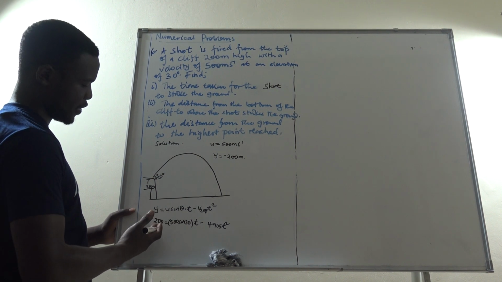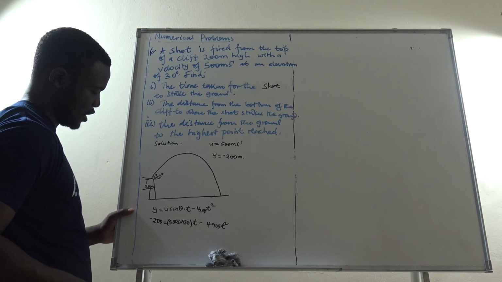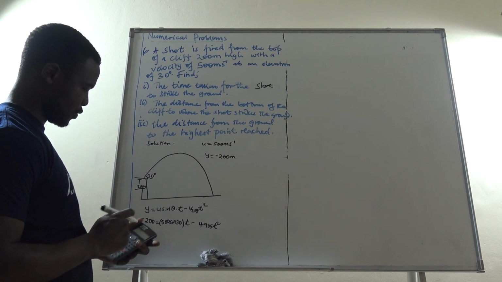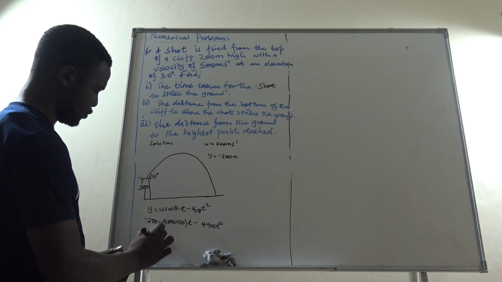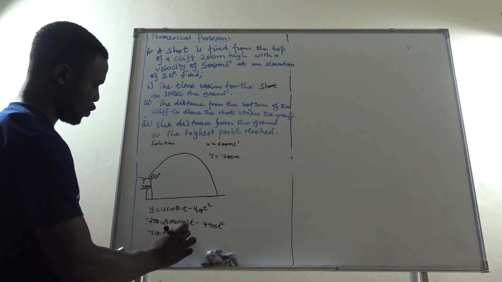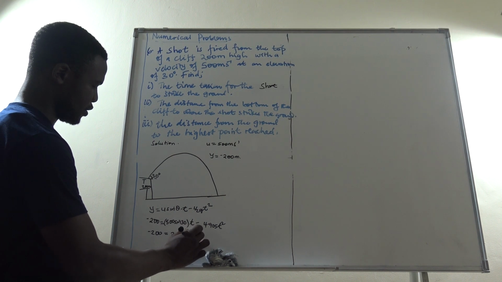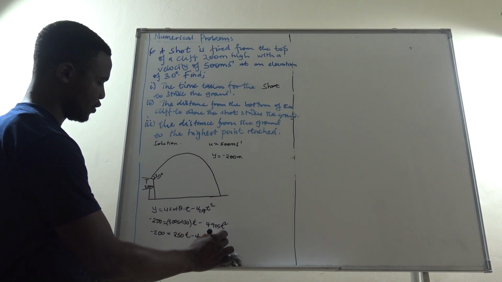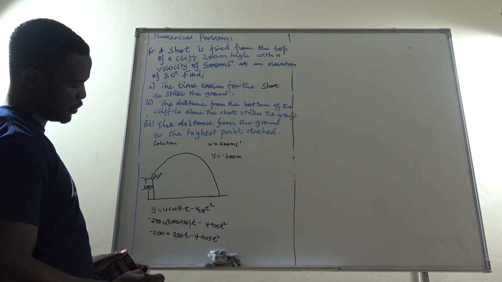We realize that this is a quadratic equation: 200 is equal to 250t minus 4.905 t squared.